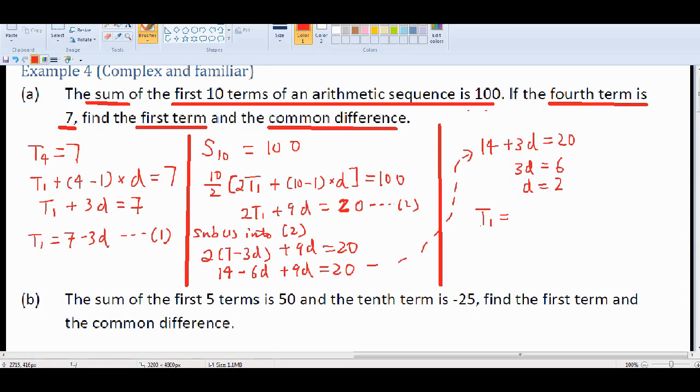Of course we can use the first equation. By using the first equation, we will have T1 equals 1. Alright, that's done. Basically you need two equations to solve it.